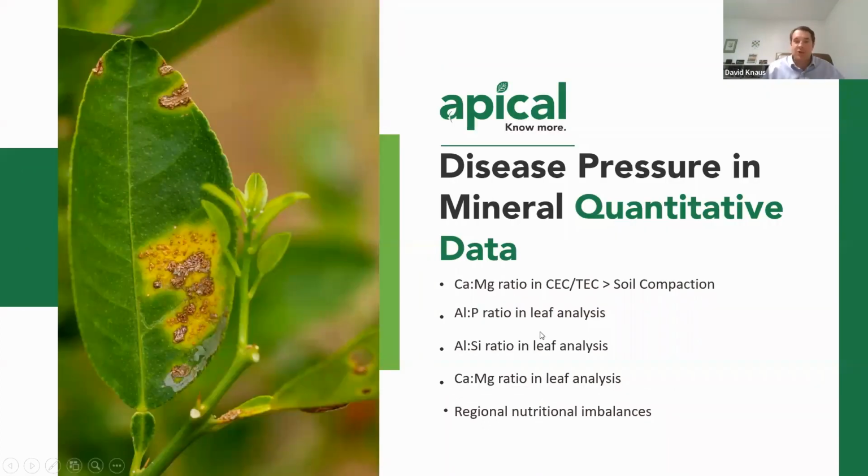When we see disease pressure and its correlation to mineral quantitative data, again, calcium to magnesium ratio has potential. Aluminum to silicon ratio has potential to be a problem. And oftentimes these correspond to regional nutritional imbalances.